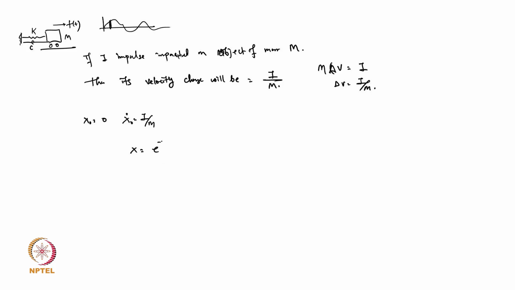We know that the solution will be e to the power minus psi omega t into x0 cos of omega d t plus x0 dot plus psi omega x0, divided by omega d, into sine of omega d t. That is the solution of the system. Now here x0 is equal to 0 and x dot 0 is equal to I by m.